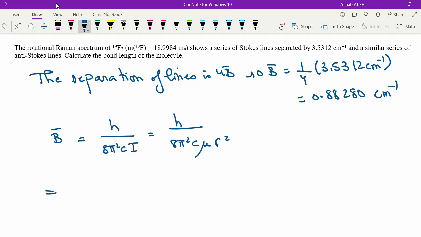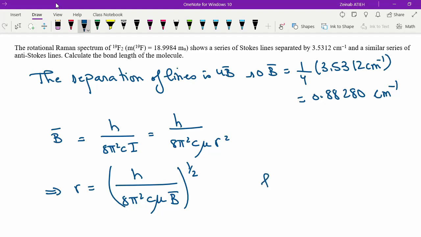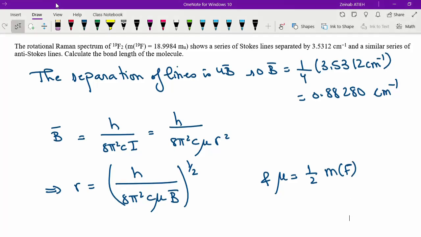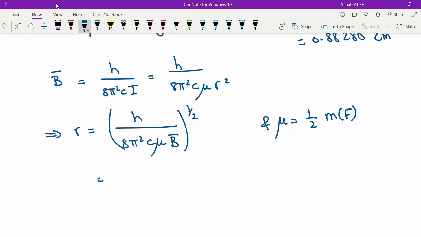We are searching for R, which implies R is equal to h over 8 pi squared c mu B bar, all of it under the radical, so it's to the power half, and mu is equal to the multiplication of the masses over the sum of the masses, and because the masses are equal, it's equal to half the mass of F. And we arrive at h over 4 pi squared c, the mass of F, times B bar, to the power half.